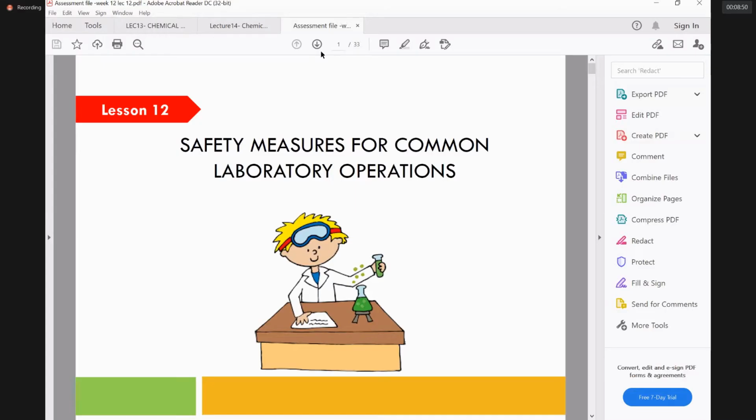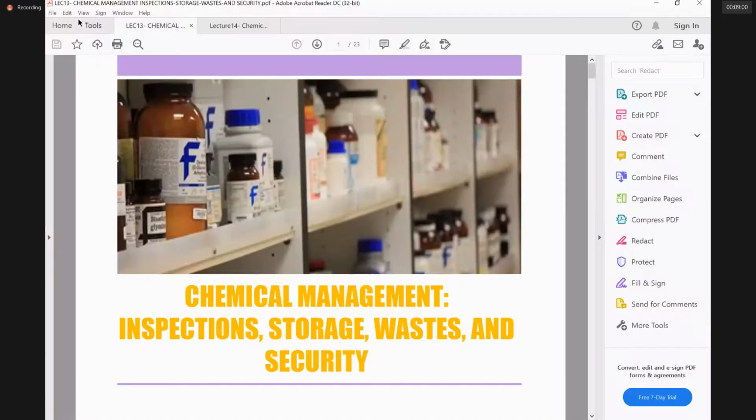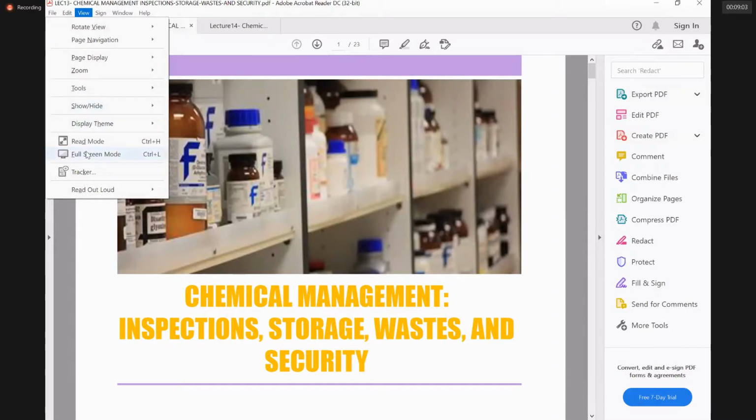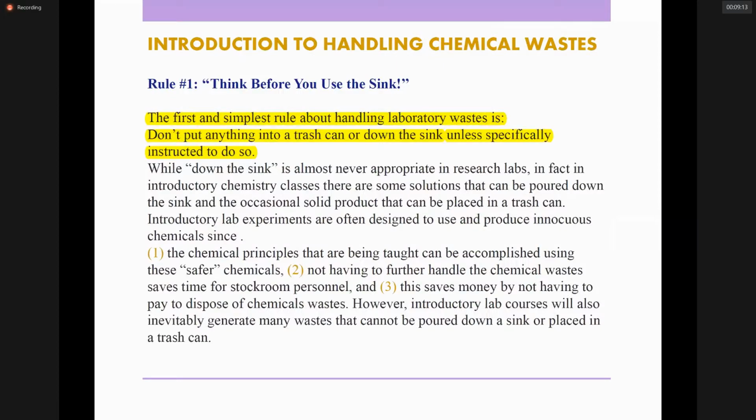So this is the assessment file on week 12, and this is number 13: Chemical management, storage, waste, and security. When we start to talk about chemical waste, the first thing that comes to my mind is when we dispose of the solution into the sink of the bench.